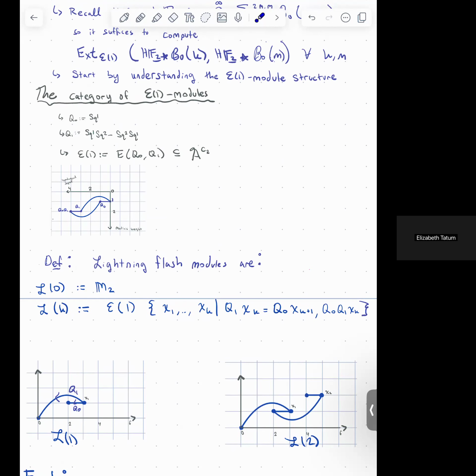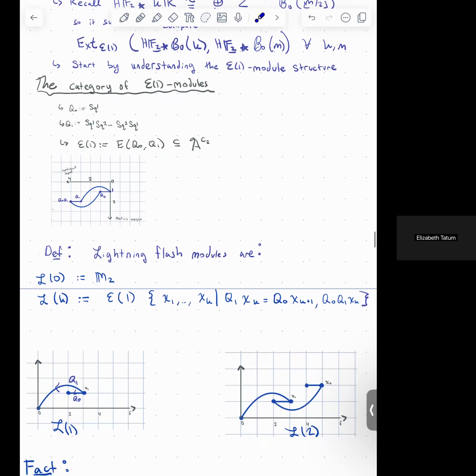For L1, we have x1, Q0 x1 is non-trivial, Q1 x1 is non-trivial, but Q0 Q1 x1 is trivial. Then for L2, we have Q0 x2, Q1 x2 equals Q0 x1, Q1 x1 is non-trivial, but if you did Q0 Q1 to anything, you would get 0.